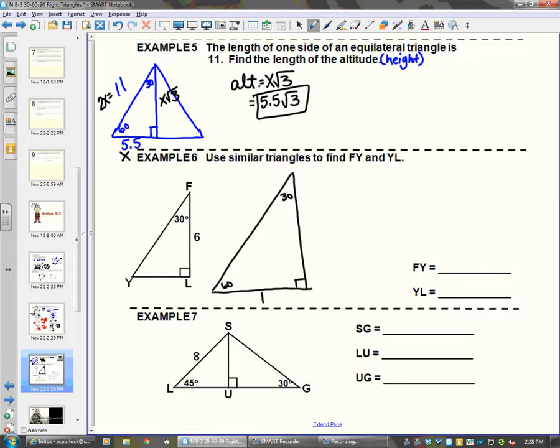Okay, so if x is just 1, what is going to be on the right side of my triangle? Just square root of 3, because this would be x square root of 3, so 1 square root of 3 would just be square root of 3. You agree with that? And then across from the 90-degree angle, that's going to be 2 times x, or 2 times 1, which is 2.